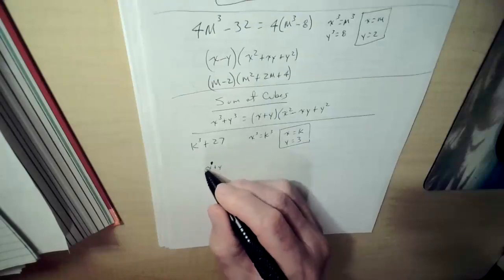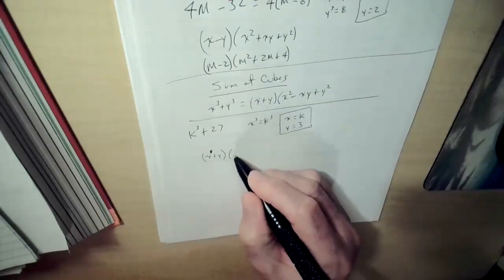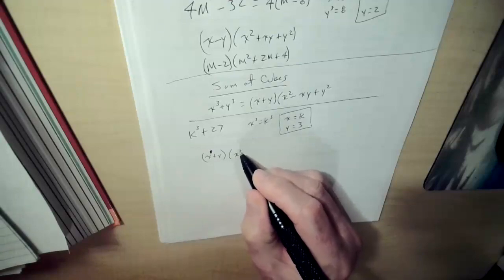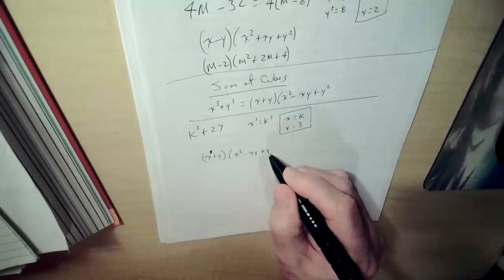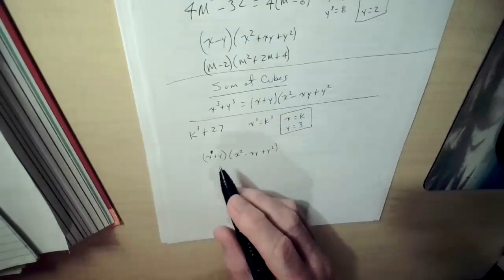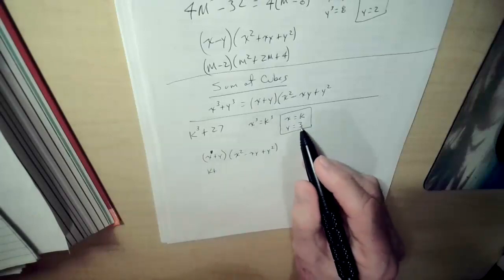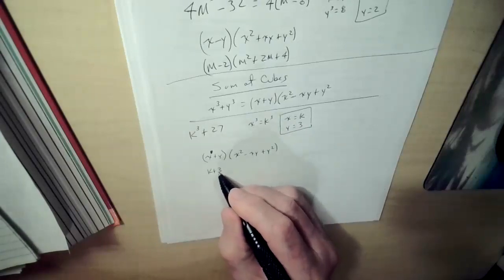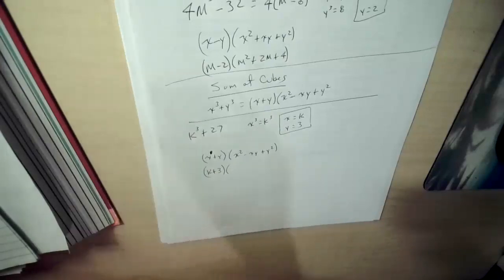So now we get x plus y times x squared minus xy plus y squared.